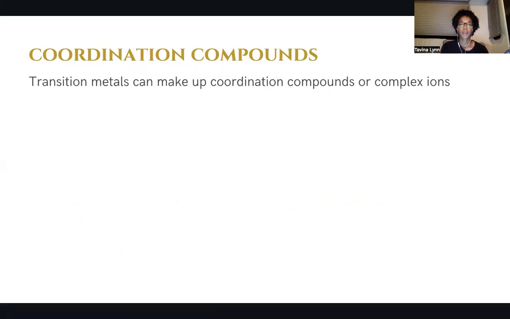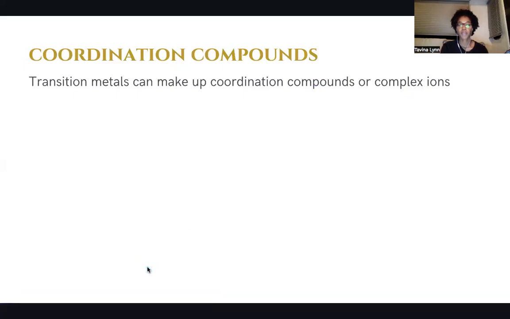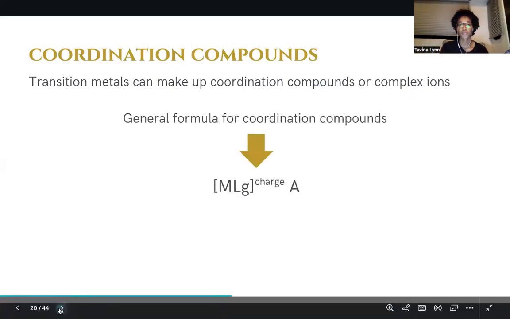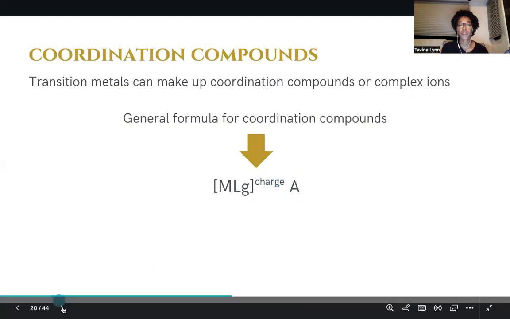So in coordination compounds, transition metals usually can make up coordination compounds, or we might use the term complex ions or a coordination complex. And transition metals behave as the Lewis acid, so they receive or accept the electron pair from whatever ligands they are bound to. So here is a general formula for coordination compounds, where M stands for metal, Lg ligand, the overall charge of the coordination complex, and then A is our counter ion.